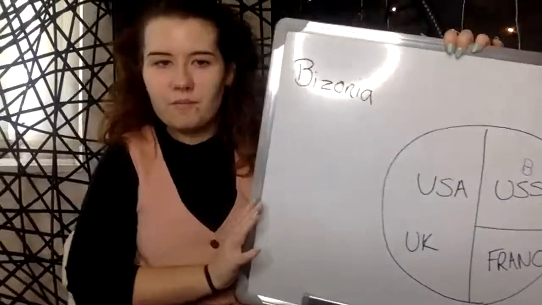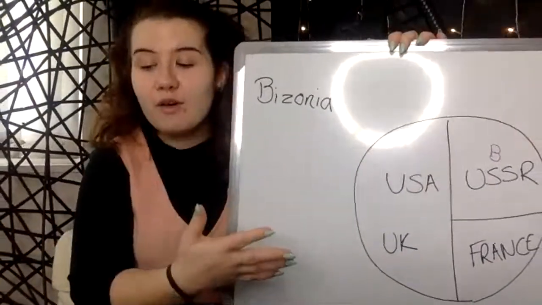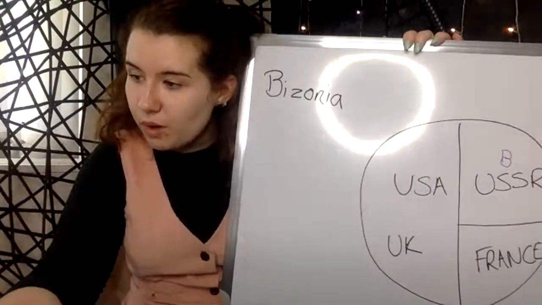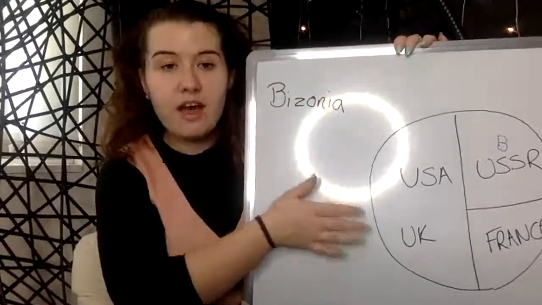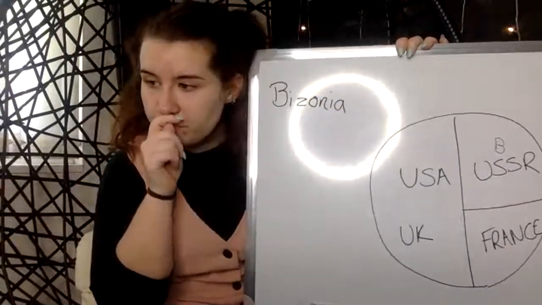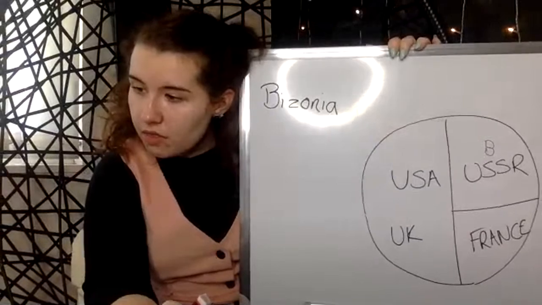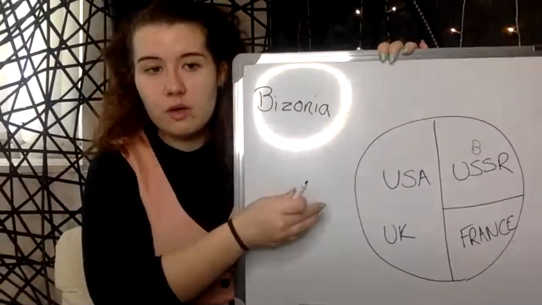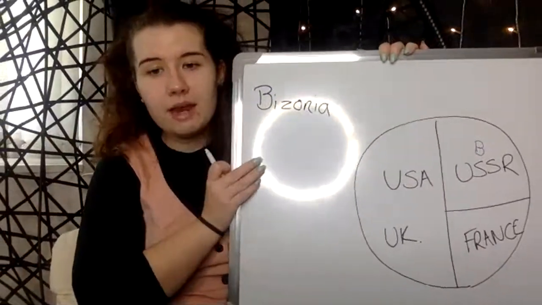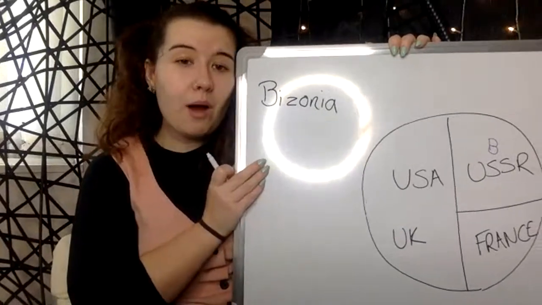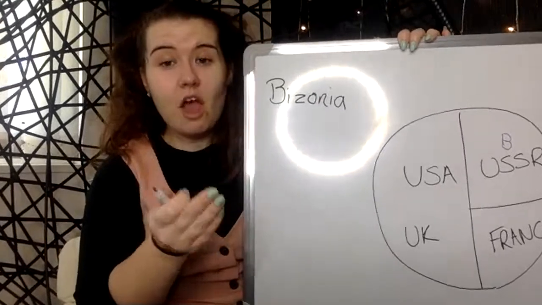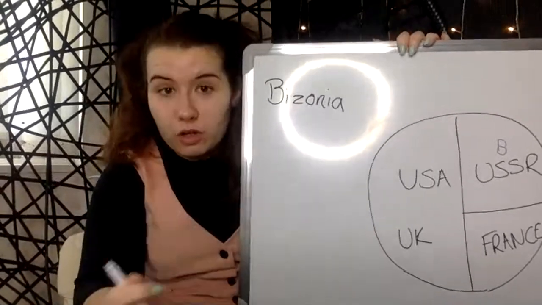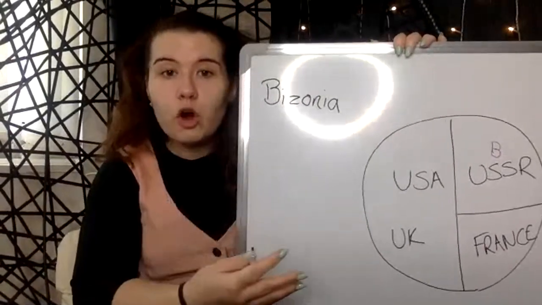So this causes a lot of tension between the USA and the USSR because they haven't told each other that they were merging the zones. Now, the US and the UK and France recognise that Germany has been absolutely obliterated by the Nazis. The Nazis have created a whole new economy.